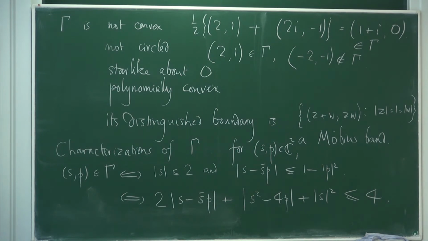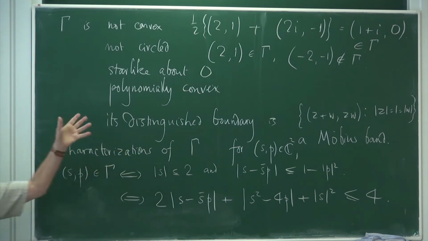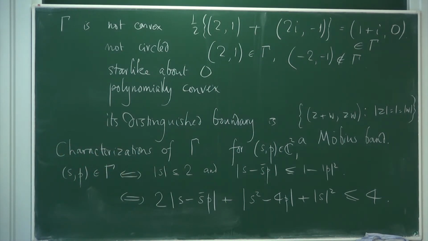So if you get bored later on, I invite you to try and prove the equivalence of these two entirely elementary statements, just statements about these pairs of complex numbers. Those two things are equivalent.